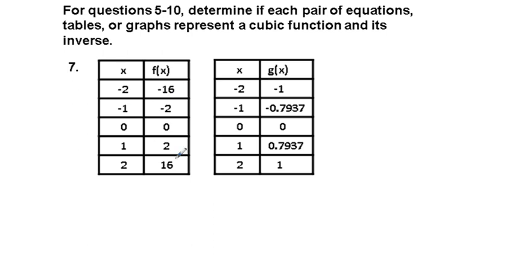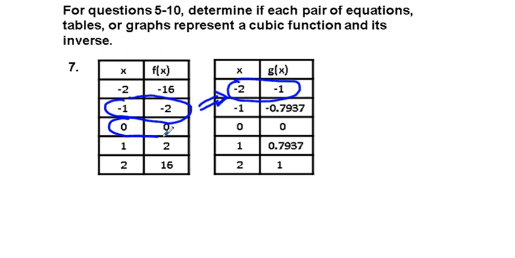We have 16s on the one on the left and not on the right. And we have this negative 0.7937 on the right, and we don't see those. But we see this -1, -2, which corresponds in an inverse manner to this -2, -1. So that's one point where x's and y's switch.